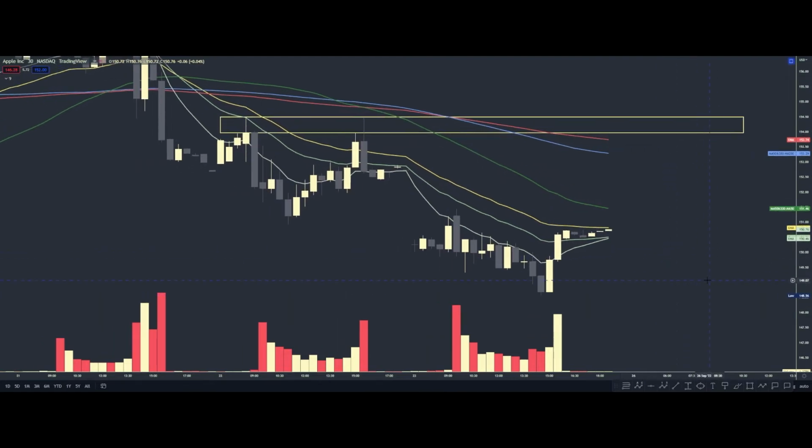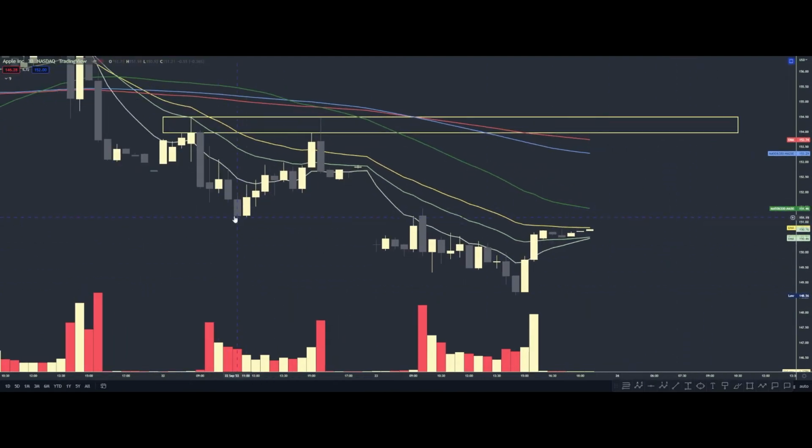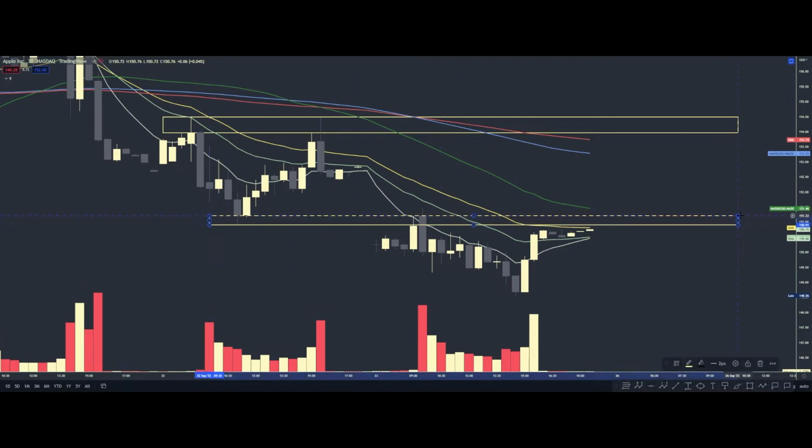Now, like we were talking about, you're never going to have a wick that's the same size. Sometimes they're going to be bigger than others. Sometimes they're going to be small. This is a little bit smaller of a wick. What would I do? I'd start it at the very start of the candlestick, and I would finish it at the body of that following candle.